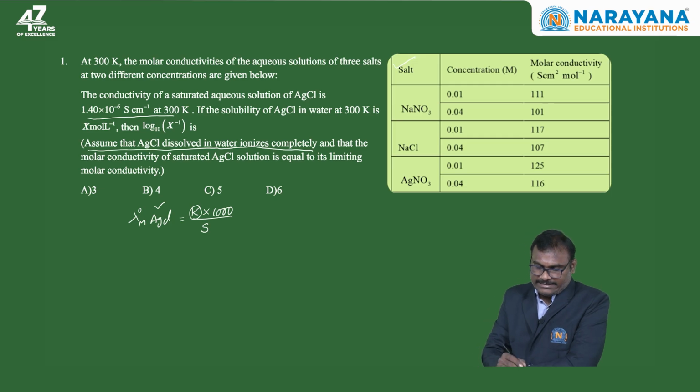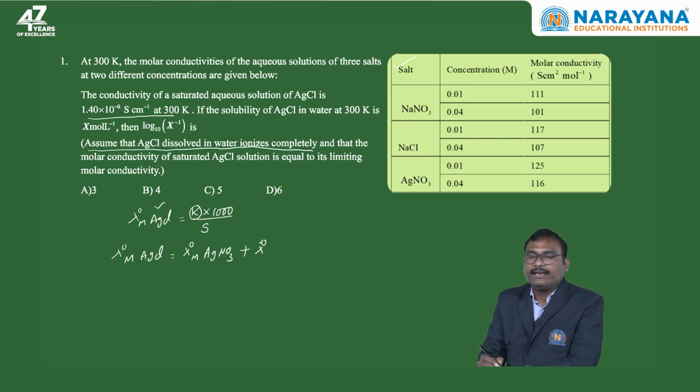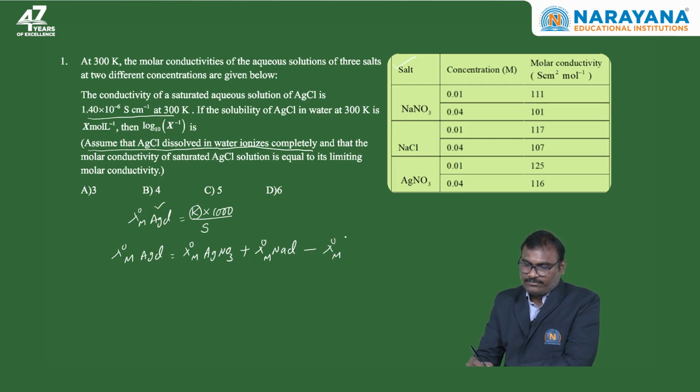How to find that? Lambda naught m of AgCl is equal to lambda naught m of AgNO3 plus lambda naught m of NaCl minus lambda naught m of NaNO3.